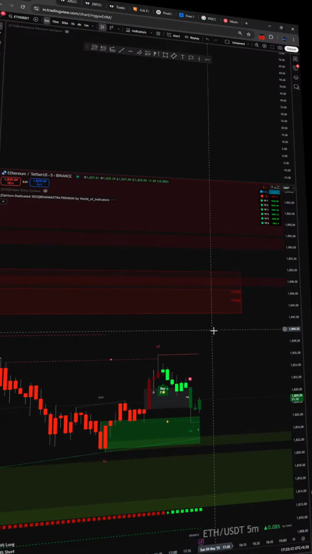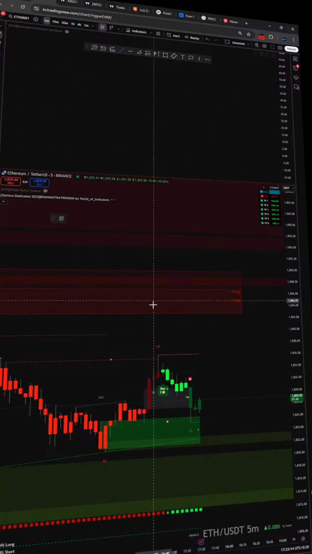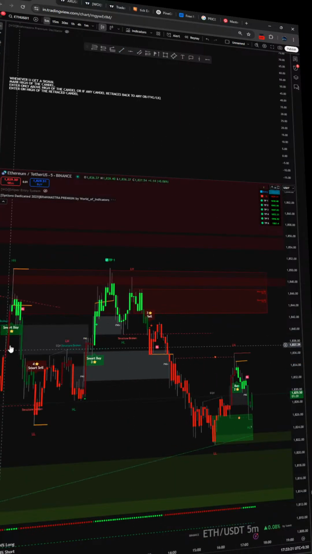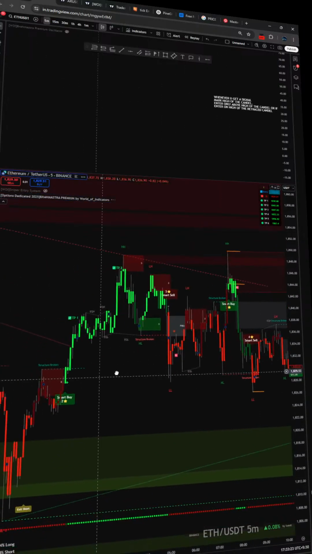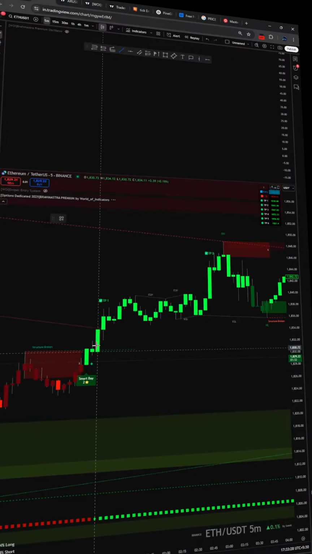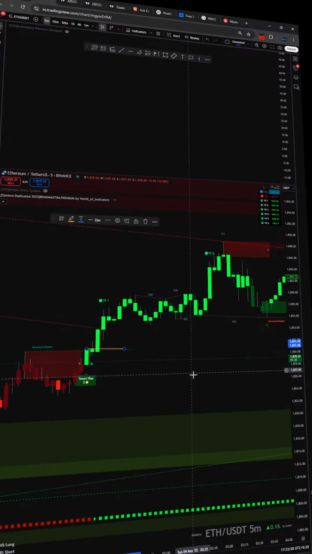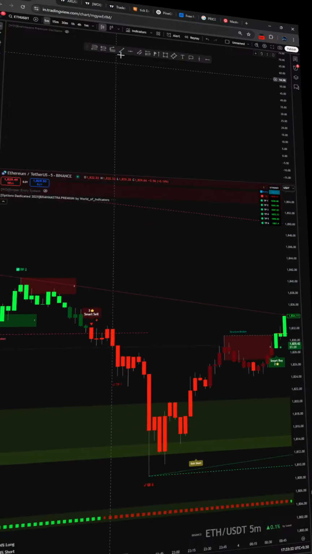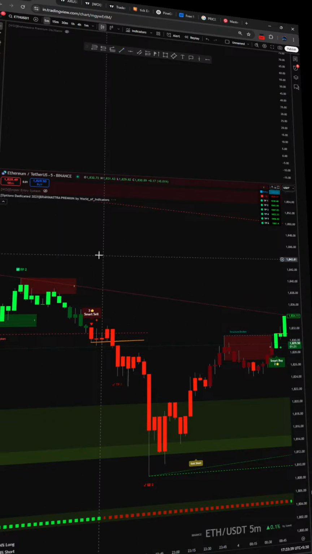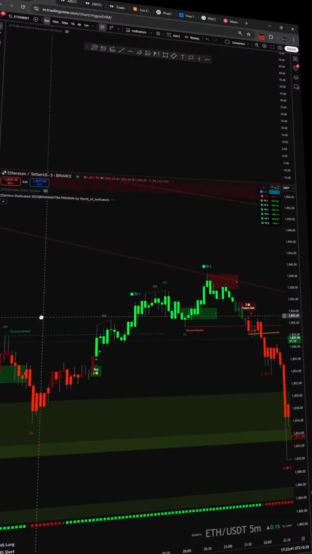You can clearly see how to avoid false signals: enter only above the high of the signal. Now you can clearly see what I am trying to tell you.